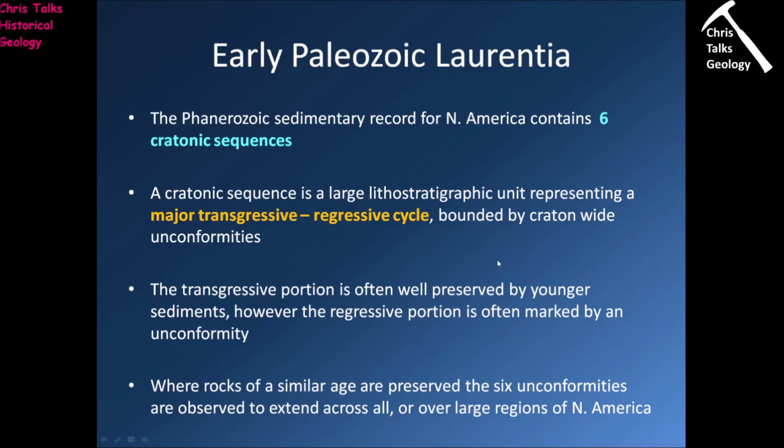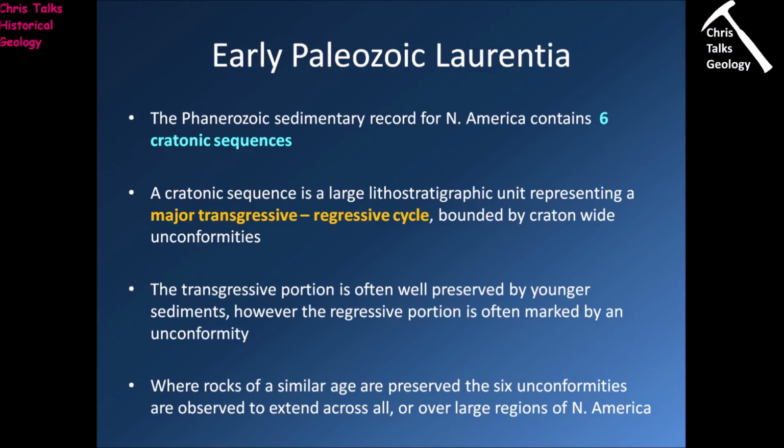The transgressive portions of these large lithostratigraphic units are often pretty well preserved, because obviously as new layers of sediment are being deposited, they naturally protect the layers of sediment below. And so during the first half, the transgressive portion of one of these events, you're going to have lots of sediment being deposited, and so you're going to build up a nice thick stack of rocks.